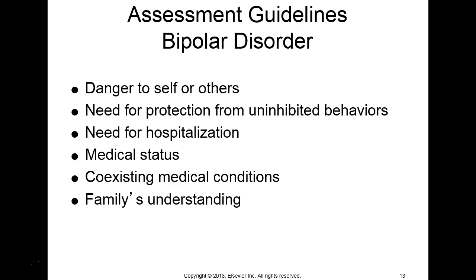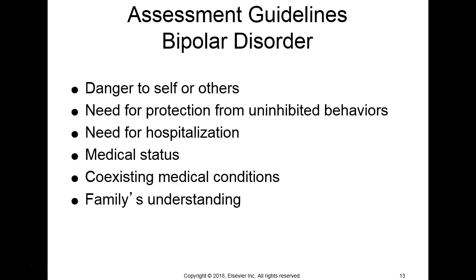We have to protect them from their uninhibited behaviors: gambling, spending, sexual activity, all those things. Driving, sometimes they just drive too quickly. They don't even realize that they should be following the speed limit. So we do need to protect them.